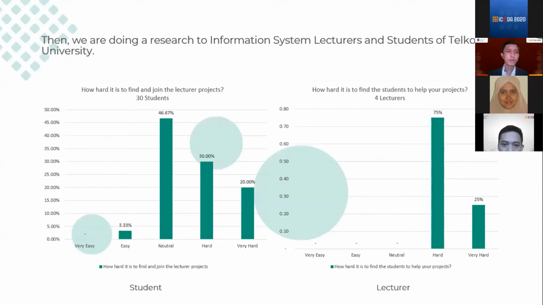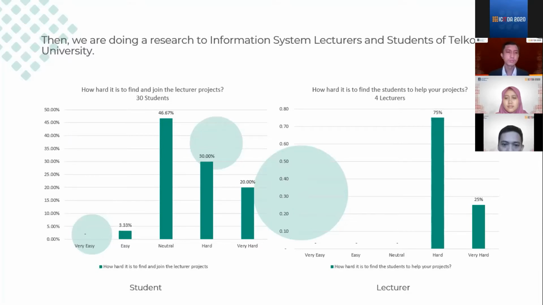So we conducted research with information system students and lecturers. We asked a lot of questions, but the main ones are these two questions on your screen. The first, we asked the students how hard it is to find and join lecturer projects. 50% of them said it's hard, with 30% saying it's hard and 20% saying it's very hard.